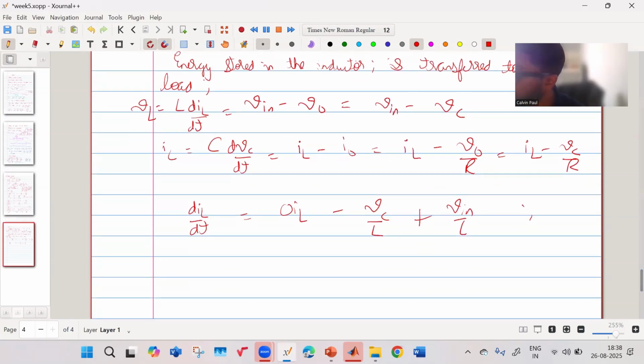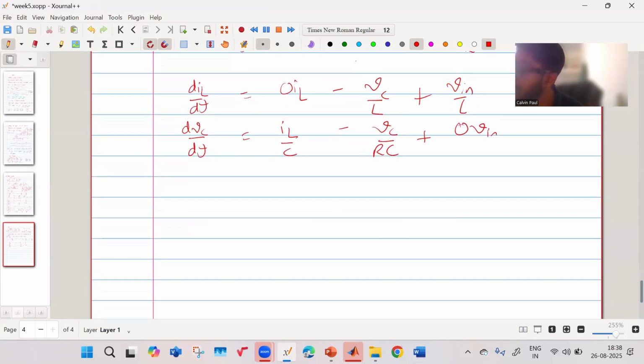Similarly, dVC upon dt is equal to IL upon C minus VC upon RC plus 0 into V in.